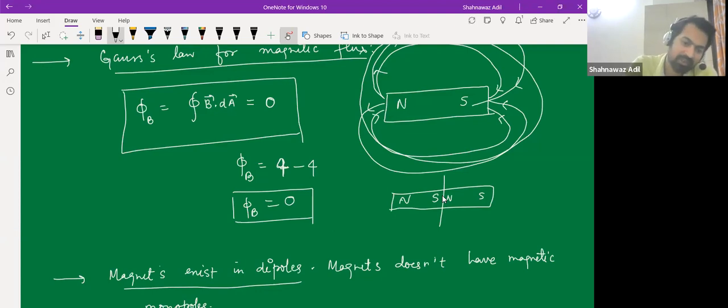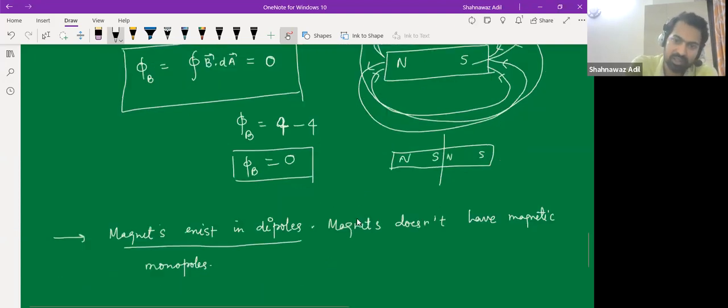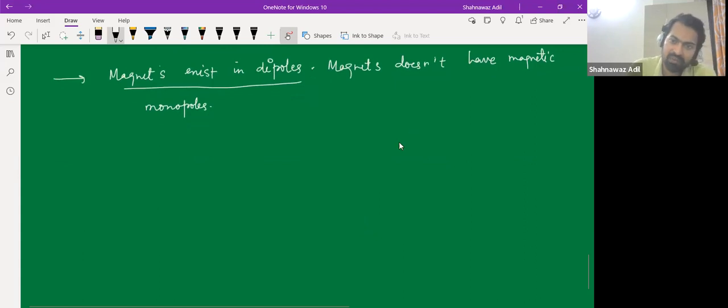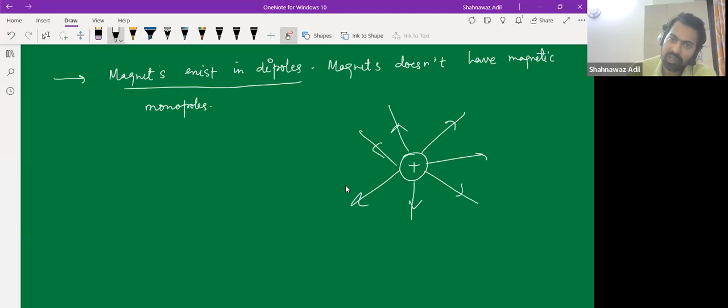But for the case of charge, let's say we have a positive charge. You have already learned that this will always have outgoing lines. If we calculate the electric flux, how much would this be? 1, 2, 3, 4, 5, 6, 7, 8.